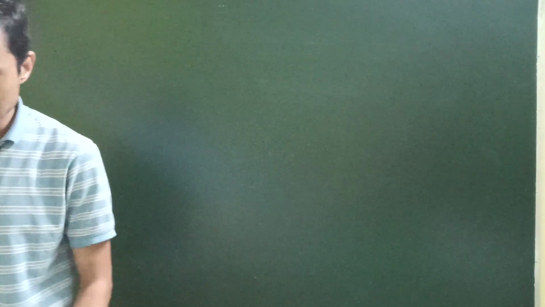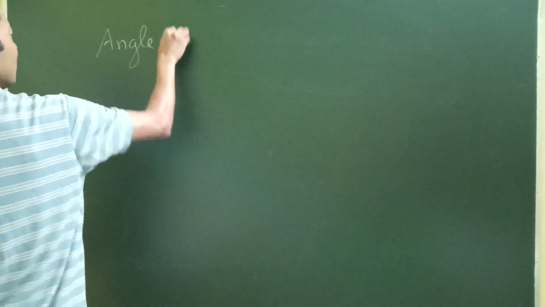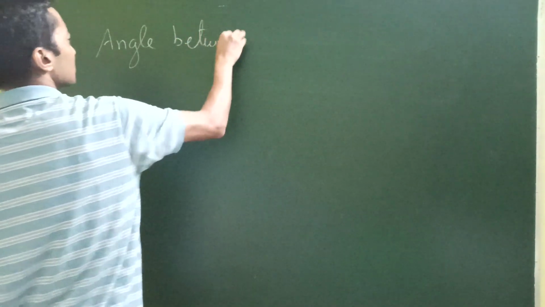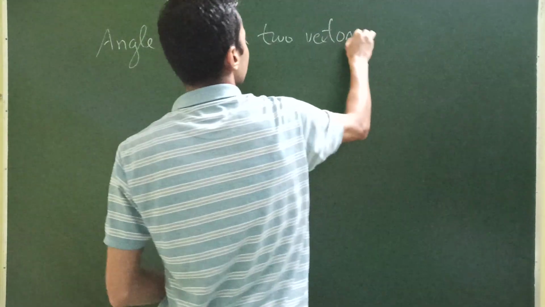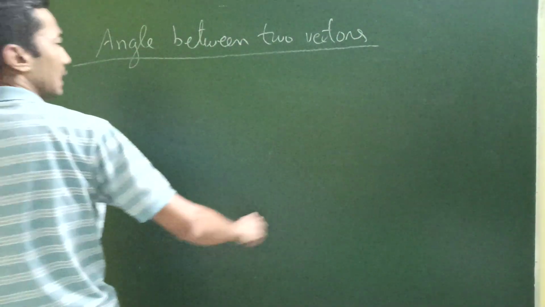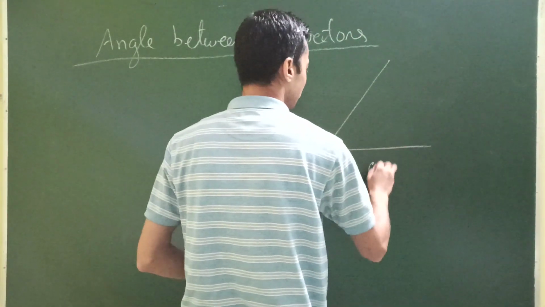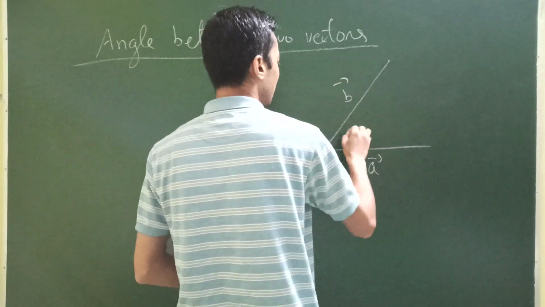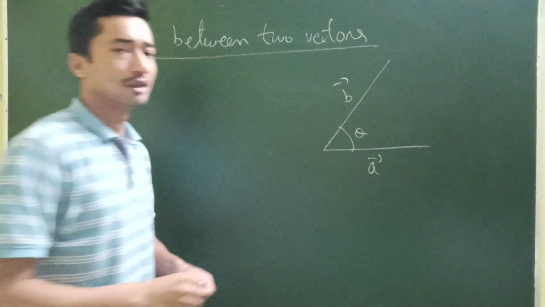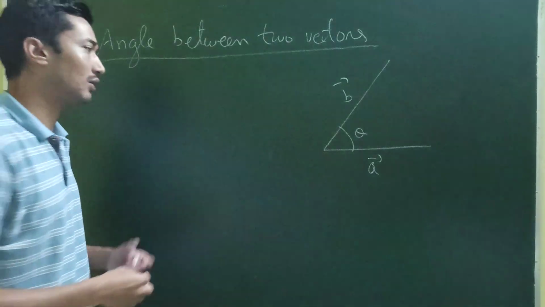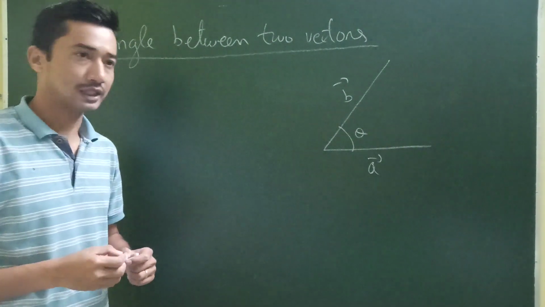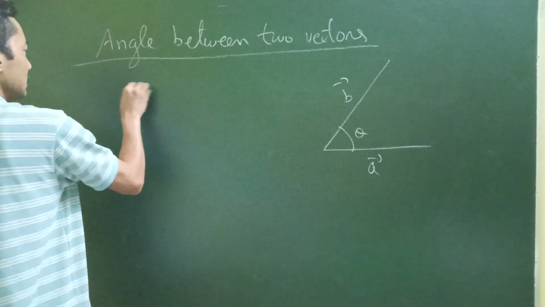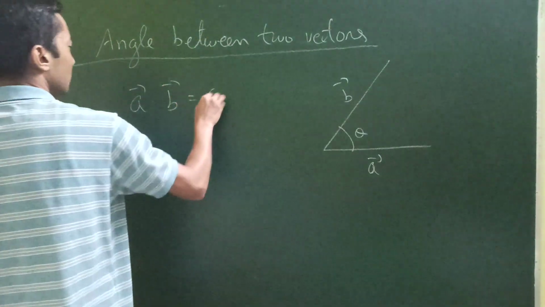Then of course, yes, angle between two vectors. How do we find out the angle between two vectors? So if we have two vectors, vector A and vector B, and this is the angle that is being made between the two vectors, then how do we find out the angle? Simply by using the formula, that is A dot B is equal to what?